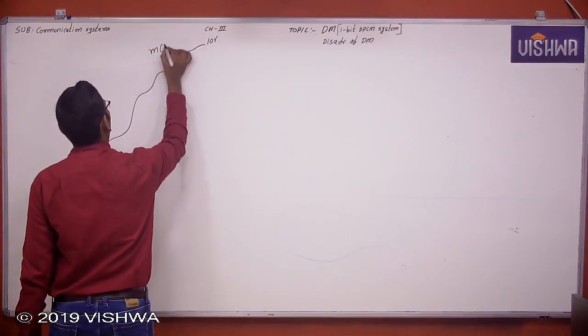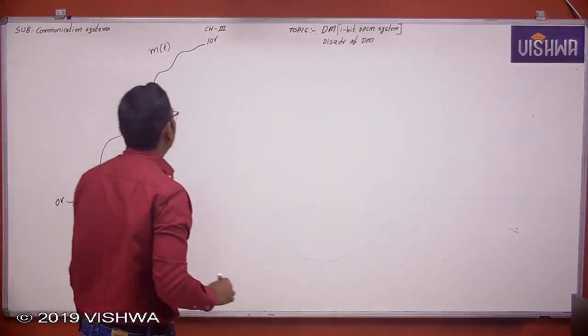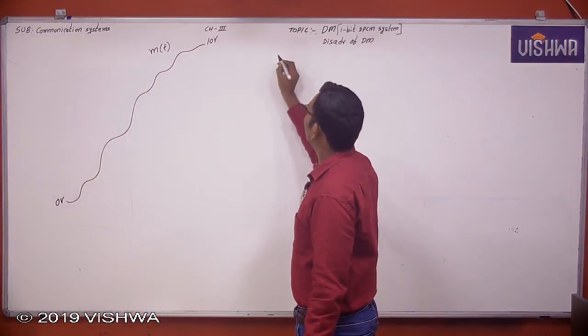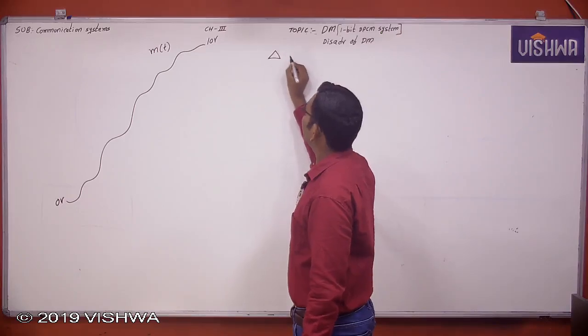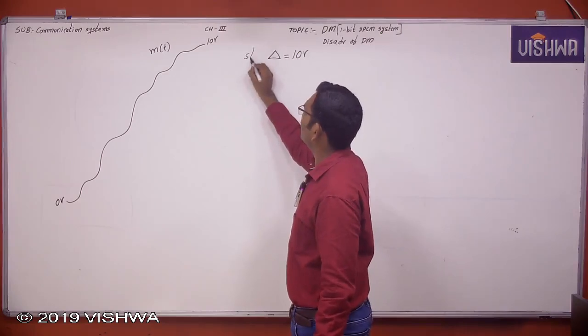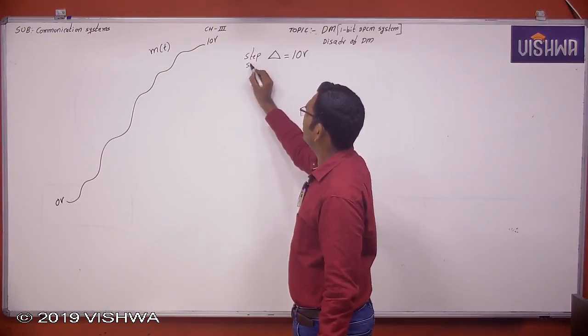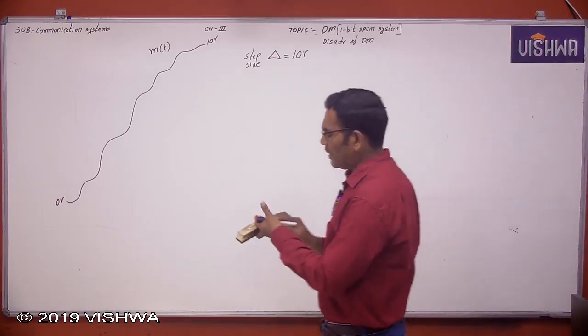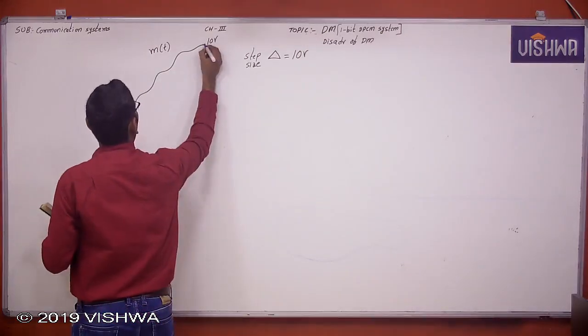And let us take step size delta, which is equal to 10 volts. Now there are a few samples you can take.